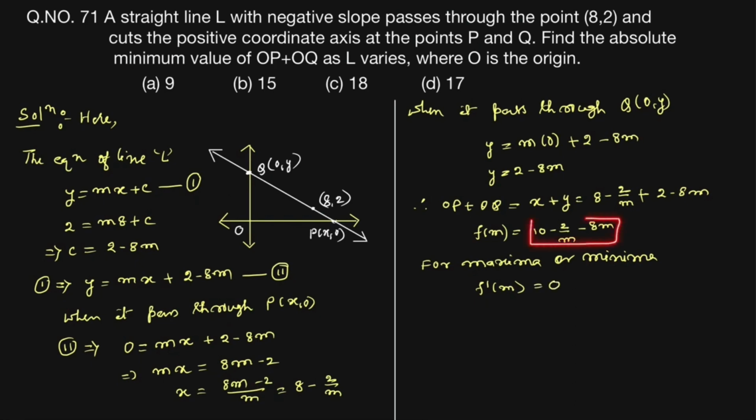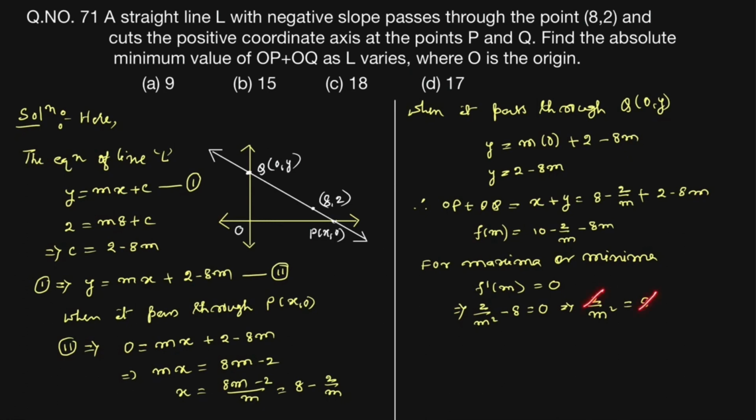If you differentiate this, that is d by dm of this, then you will get 0 minus 2 times minus 1 by m square minus 8, which is equal to 2 divided by m square minus 8. Therefore, on the left hand side we write 2 divided by m square minus 8 equal to 0, which is equal to 2 by m square equal to 8.